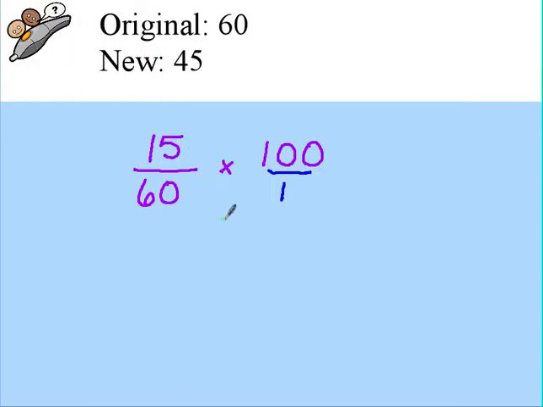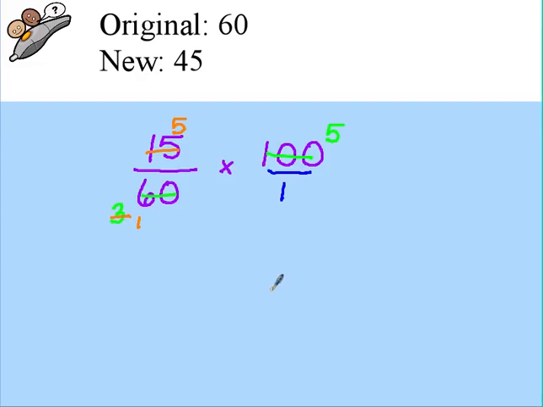Notice here I have 15 over 60 times 100 over 1. So I'm going to go ahead and divide 60 into 100. Now that doesn't go in evenly, but I know that 20 goes into each of those. So 20 goes into 60 3 times, 20 goes into 100 5. And then now, I can do 3 into 15 5 times.